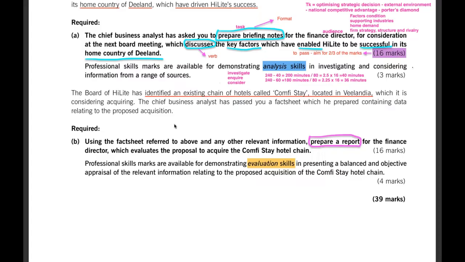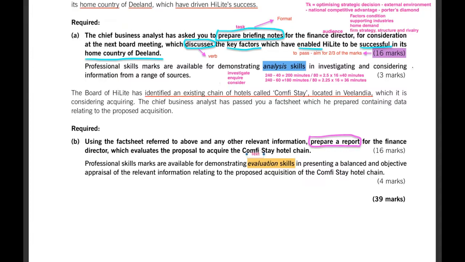So you know that they are planning to acquire another company. Using the fact sheet referred to above and any other relevant information, you are to prepare a report.